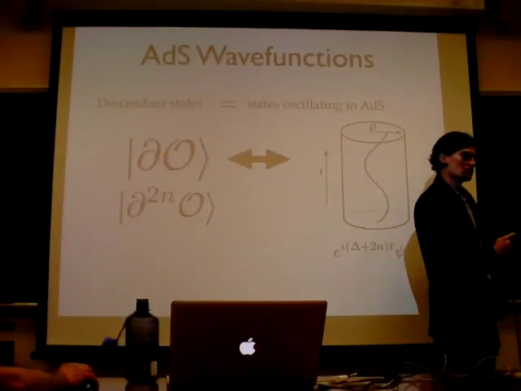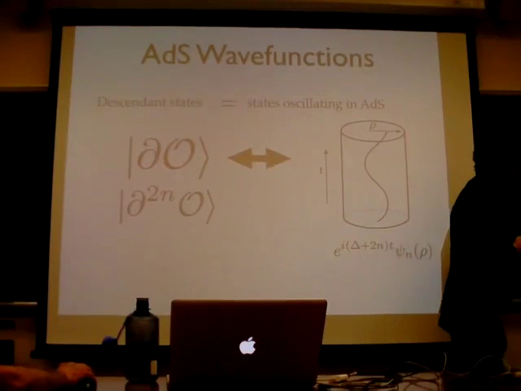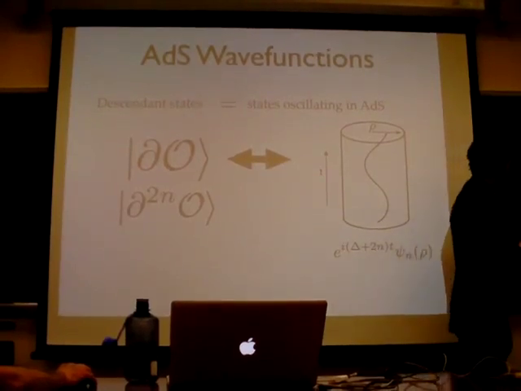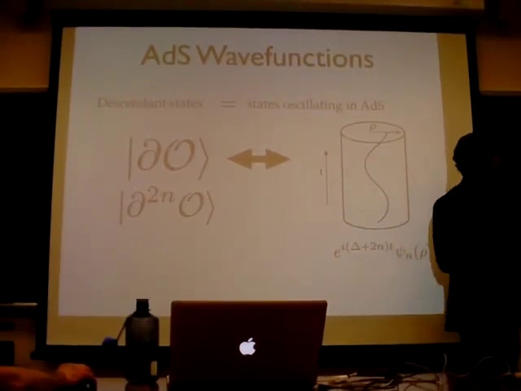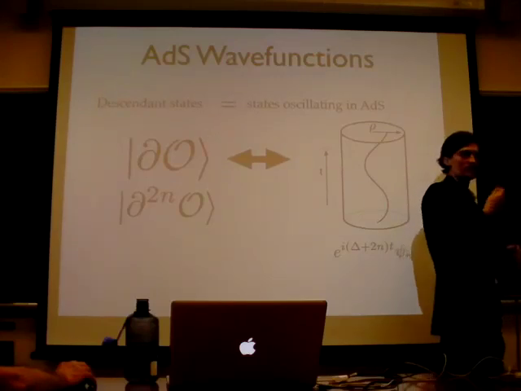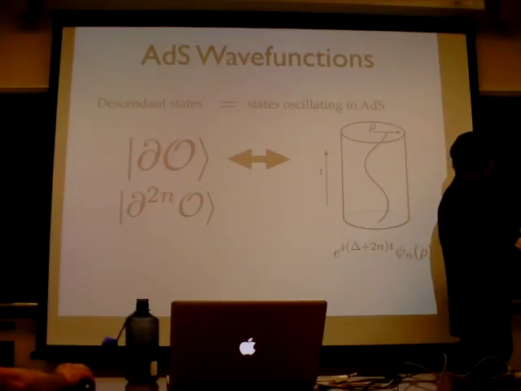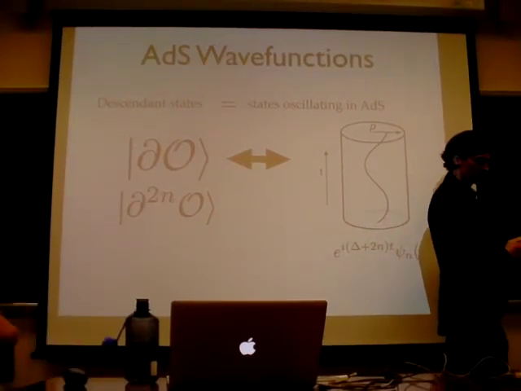So that's some scalar and some other operator. This is a descendant operator. Let me start with the primary, the simpler case. Because this is primary, that means it's annihilated by the special conformal generators. You can think of special conformal generators as lowering operators and derivatives as raising operators. So that kills this, but that gives you a differential equation that is satisfied by this.